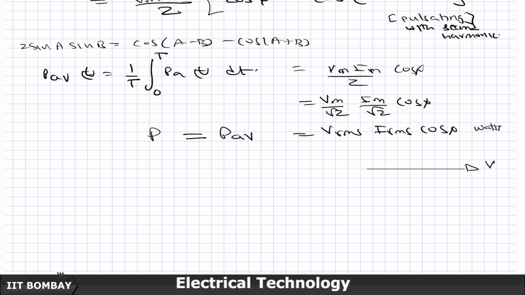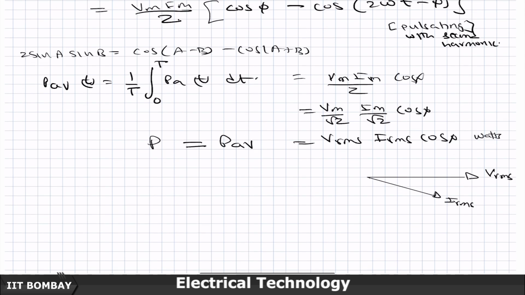was that you could think of this as two phasors now not having peak as their length, but rather RMS value as their length, and I project this current phasor onto the voltage phasor.